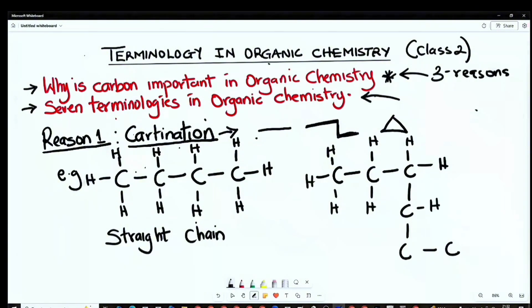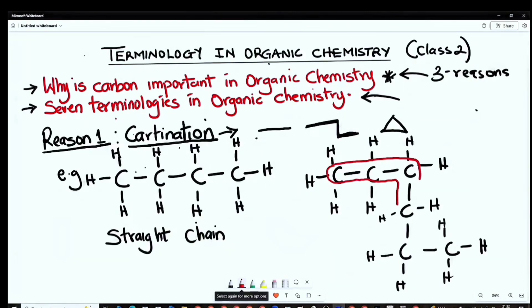This chain is known as a branch chain because the carbon is forming a branch, and the chain is a bit branched. So this is an ability in carbon to form branch chain.